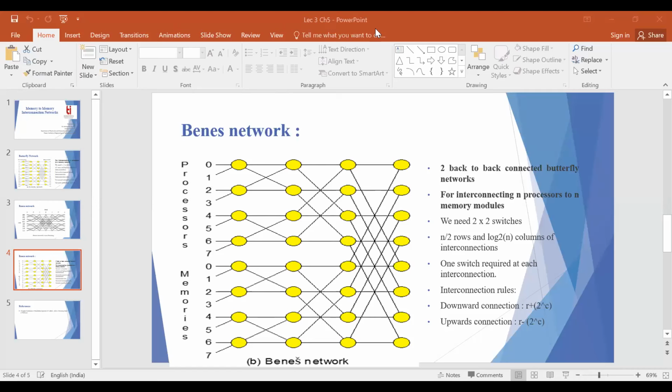Okay, I'll just take the marker. Now, again, we need to find out how many rows and columns of 2x2 switches are required to make these interconnections. While you study data communication in the next semester, I guess, you will study about switches, routers. Some of you must have already studied about them in your industrial training, the 6 weeks training that you would have done in your second year.